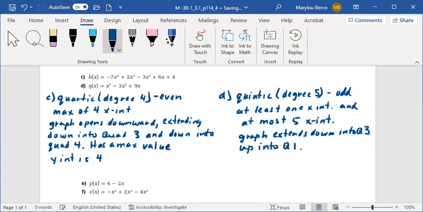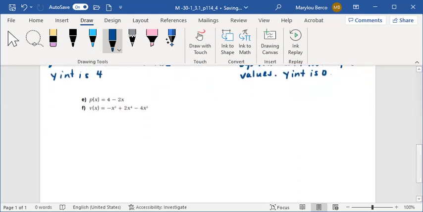There is no max and no min values. And the y-intercept is 0. Okay. E.